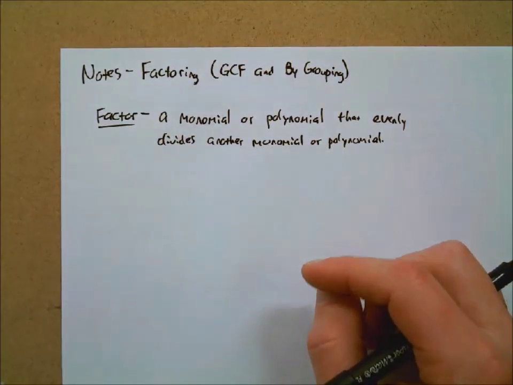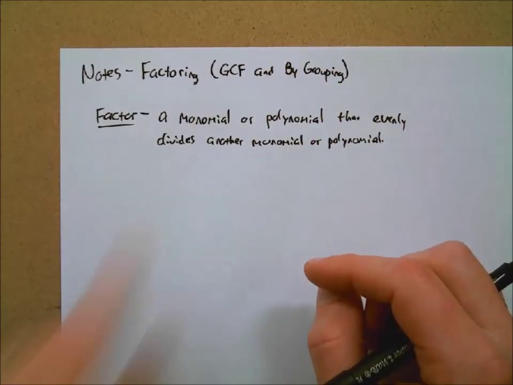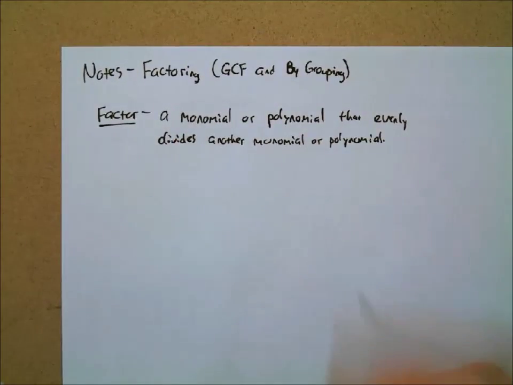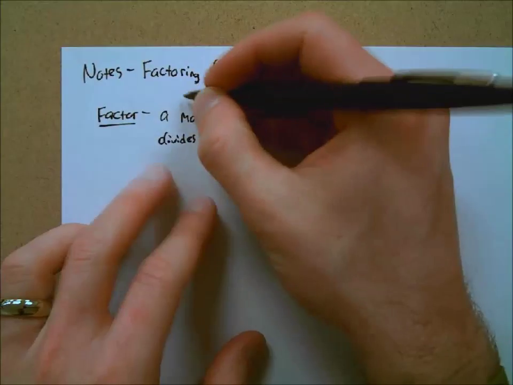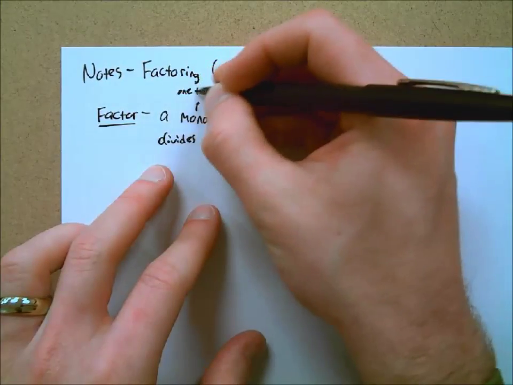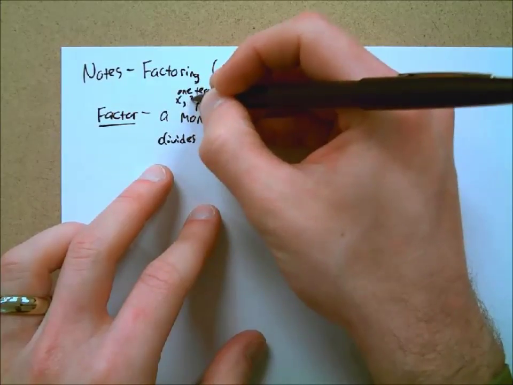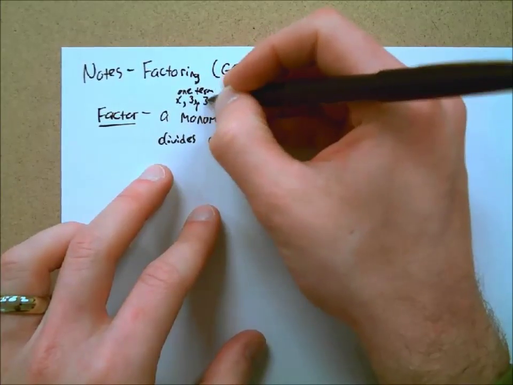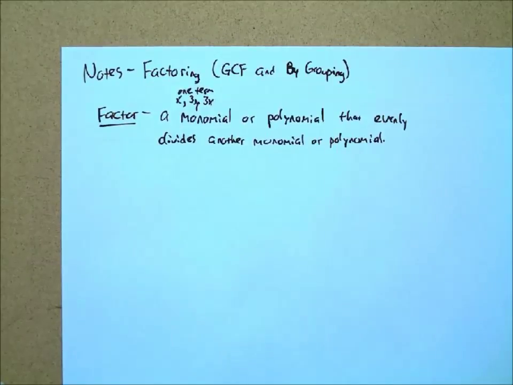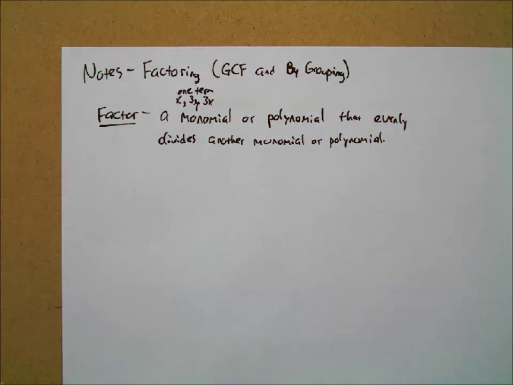Anyway, monomial, it's just a single term. So for example, x, 3, even 3x, we call that one term. So x is a monomial, 3 is a monomial, 3x is a monomial. It's a number, a variable, or a product of numbers and variables. That's a monomial.